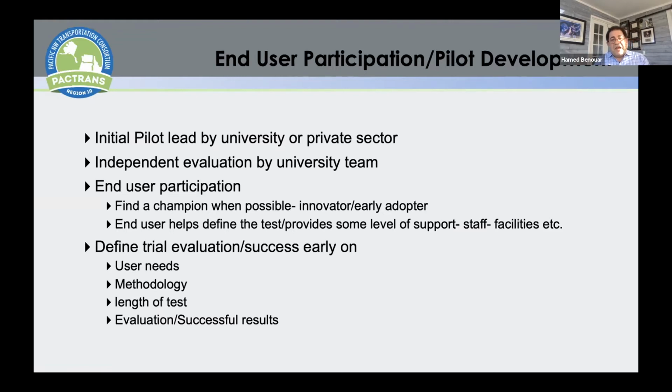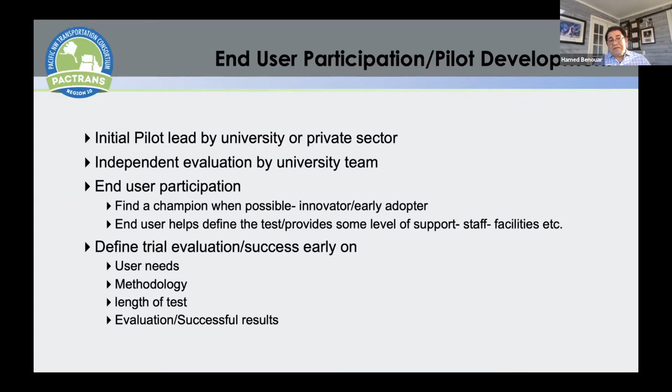We focused on what I was calling the innovator and early adopter, because even if you get funding from headquarters, let's say from Caltrans headquarters, you still need to find somebody in the district, an end user that is able to help you define the user needs, participate, and provide some level of support, like the staff and the facilities and so on, to be able to do these pilots and these trials. So end user participation is really important.